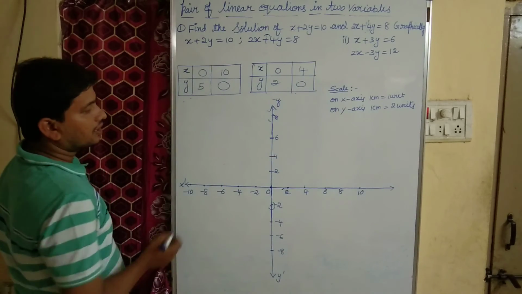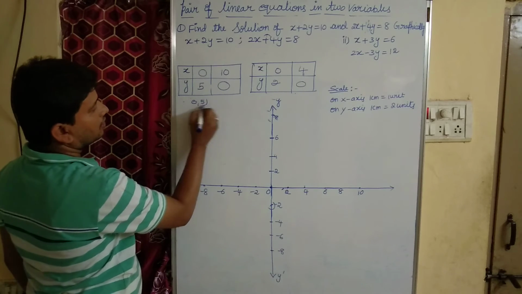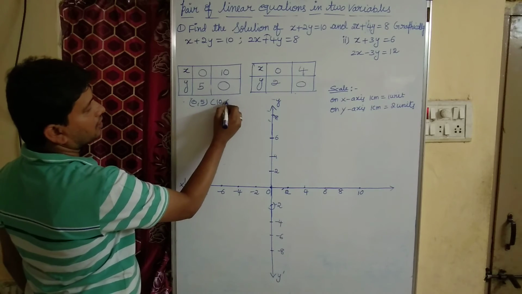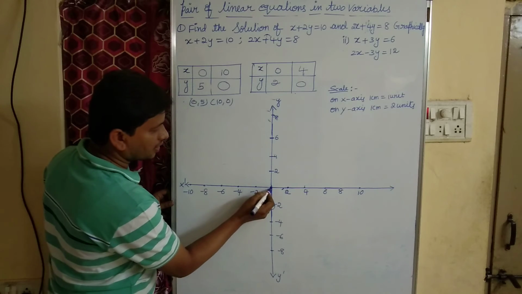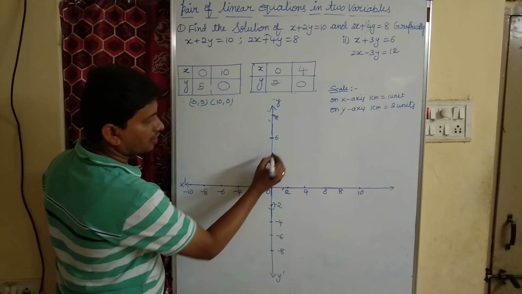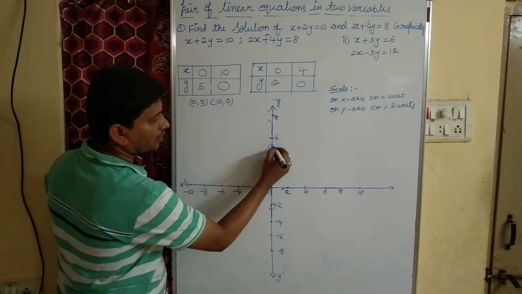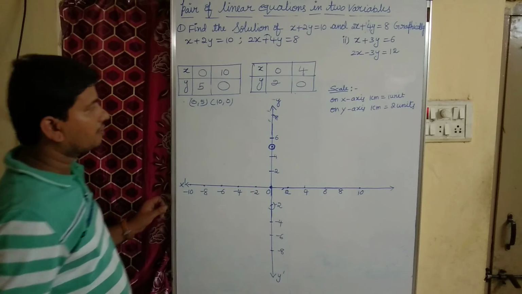Now our coordinates are (0, 5) and (10, 0). On the x-axis 0, on the y-axis 5. 5 lies between 4 and 5. This is our point (0, 5).